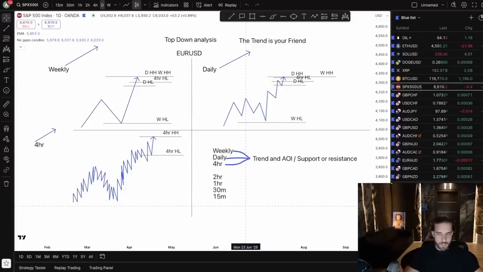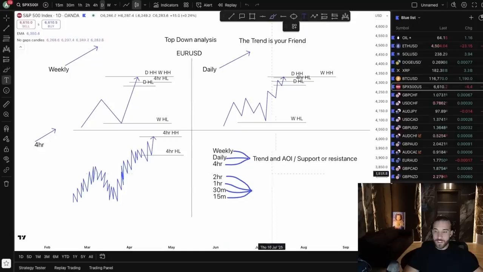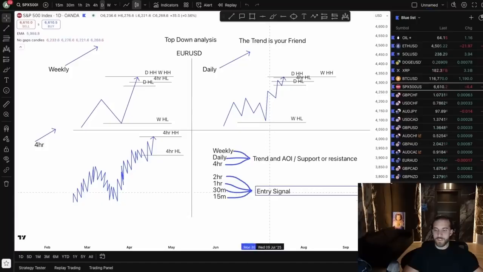They're both equally the same. And then we're going to be using these lower time frames as entry signal confirmations. Now, I'm going to prepare you guys right now for something. The entry signals is going to actually be the most simple thing that I can possibly ever teach you. It's going to be the easiest thing you are ever going to learn, but it will be the last thing.